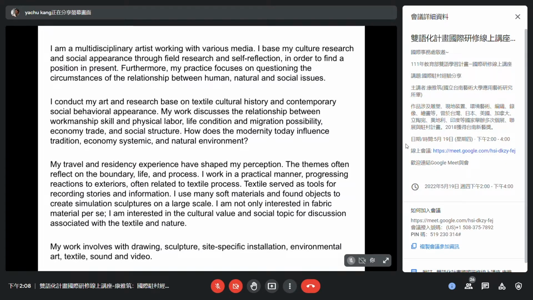Textiles serve as a tool for recording stories and information. I use many soft materials and found objects to create simulation sculpture on a large scale. I'm not only interested in fabric material per se, I'm interested in the cultural value and social topics for discussion associated with textile and nature.